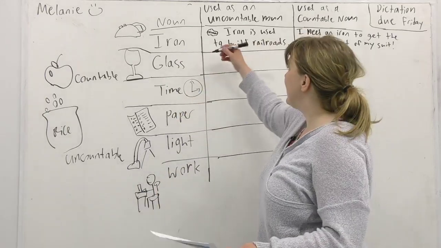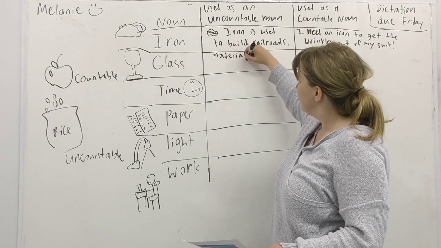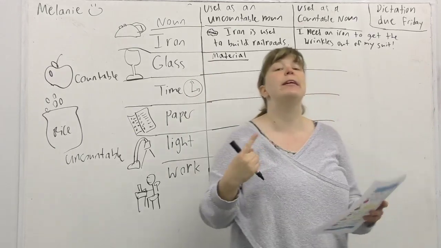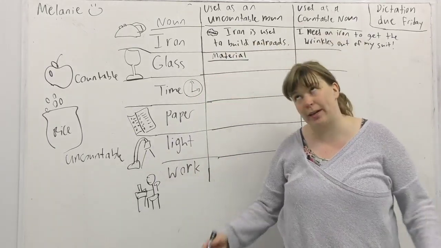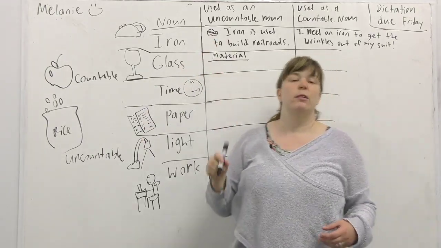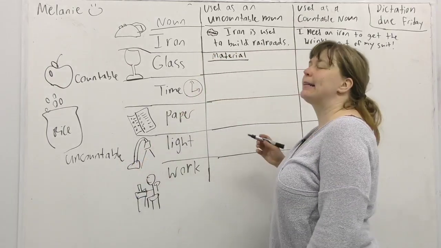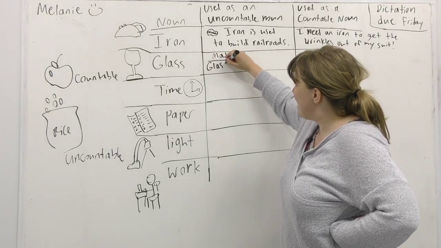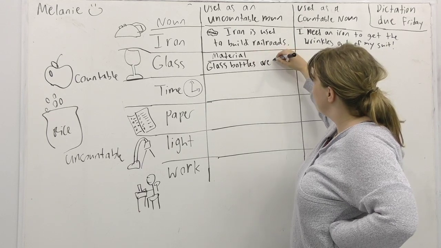Okay, let's move on to glass. Just like iron being a material, it is not countable. So for example, glass bottles are recyclable.